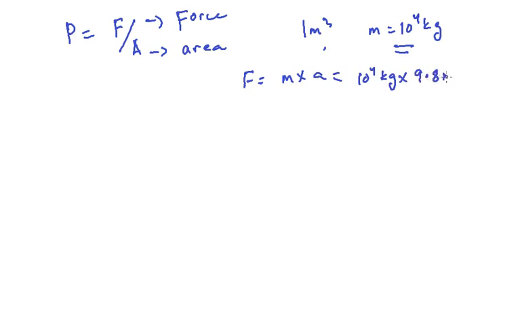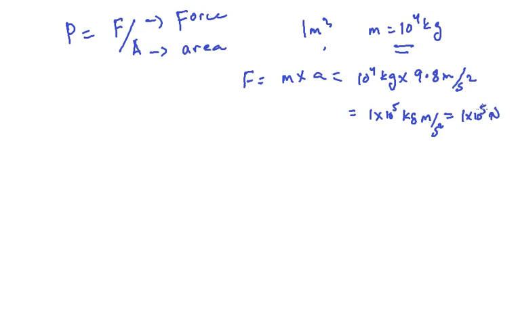Approximately that gives you about 1 times 10 to the power of 5 kilogram meter per second squared. The SI unit for kilogram meter per second squared is the Newton. So we use 1 times 10 to the power of 5 Newton. The Newton is the SI unit for force.